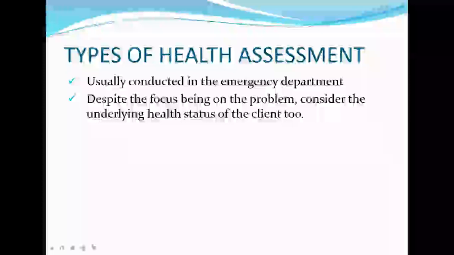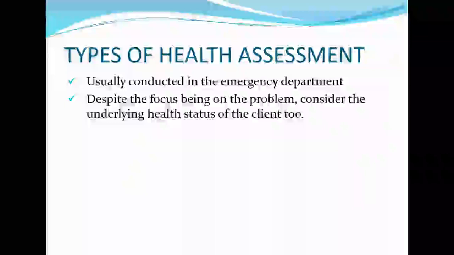Okay, so despite the fact that you're focusing on the problem, you still need to consider the underlying health status of the client as well. Despite the fact that you're looking at that one particular problem, that problem could be caused by derangements in systems that are not even related to what the patient is talking about.